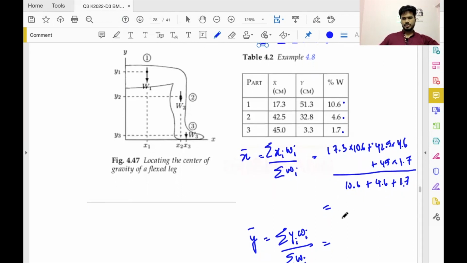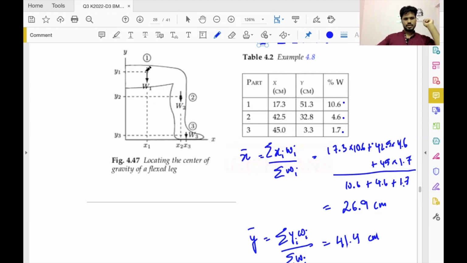These are in centimeters, so I suppose this is also in centimeters, 26.9 centimeters. And this should be, I suppose, 44 centimeters.